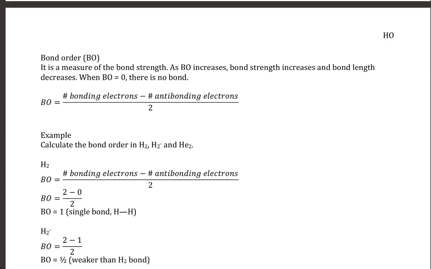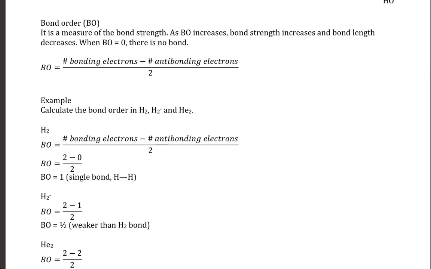Next, we will talk about bond order. It is a measure of the bond strength. As the bond order increases, bond strength increases and bond length decreases. When the bond order is 0, there is no bond.